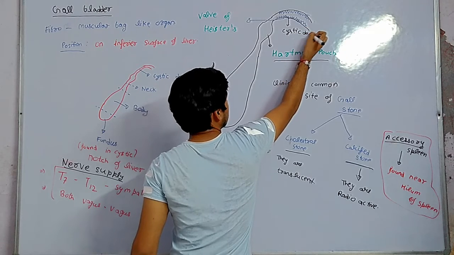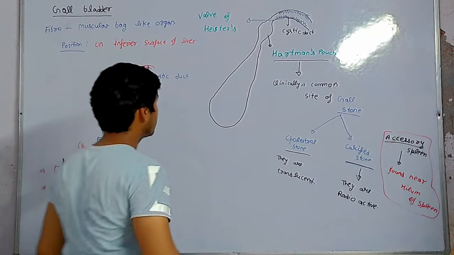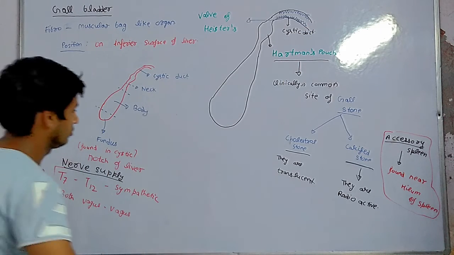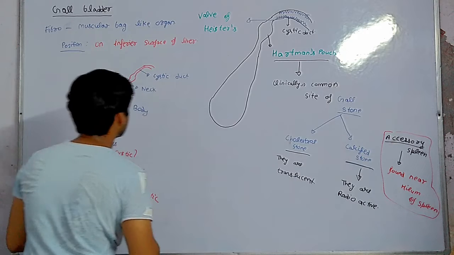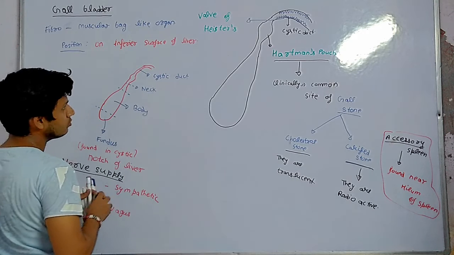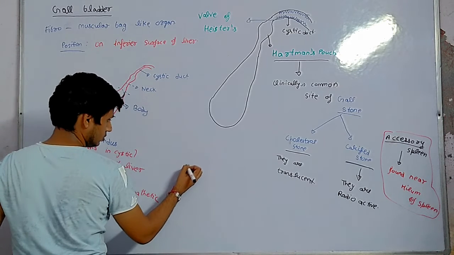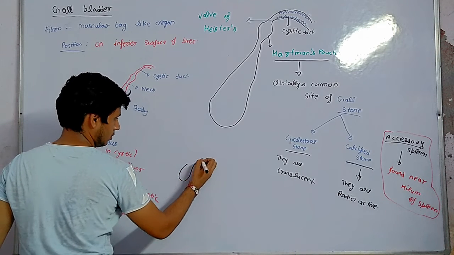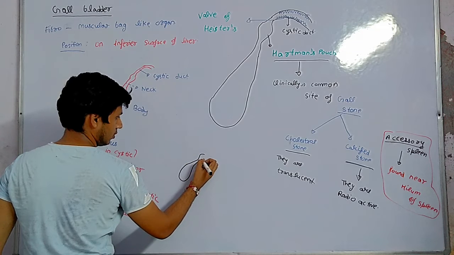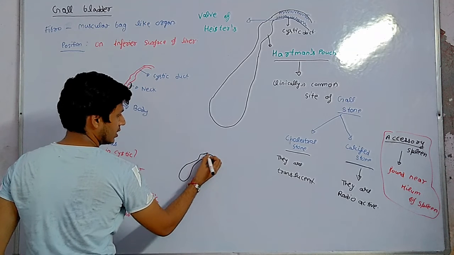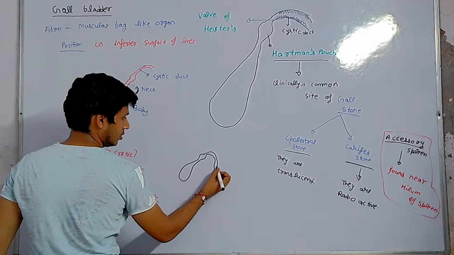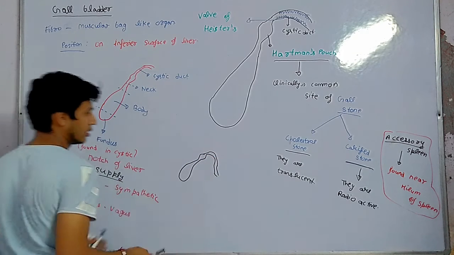Now come to the blood supply of the gallbladder. So the gallbladder is like this. Let's say this is the gallbladder and this is its duct, which joins with the liver duct.